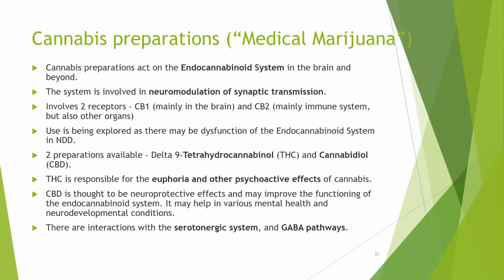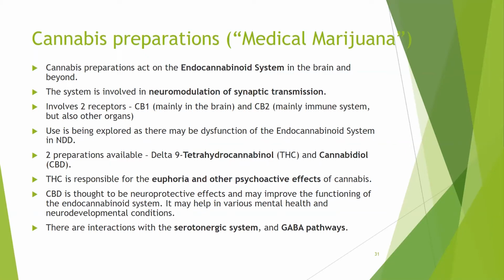And the mechanism of action is thought to be neuromodulation of the synaptic transmission. And their use in neurodevelopmental disorders is thought to be due to the thinking that there might be dysfunction of the endocannabinoid system in these disorders.